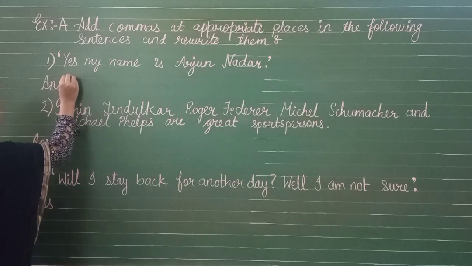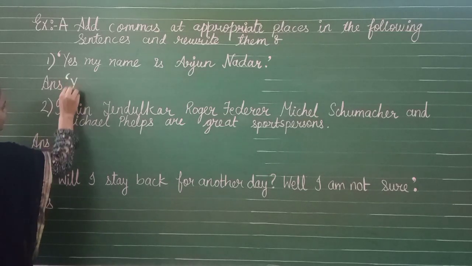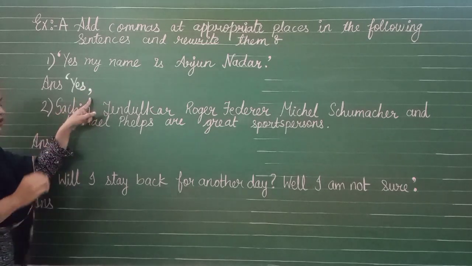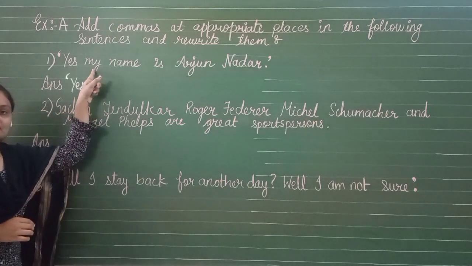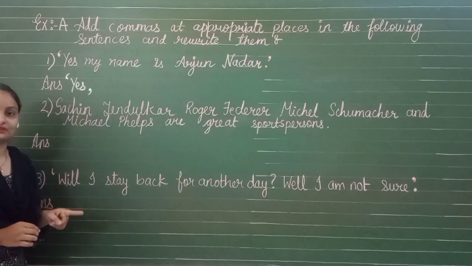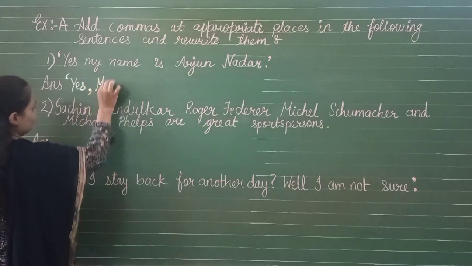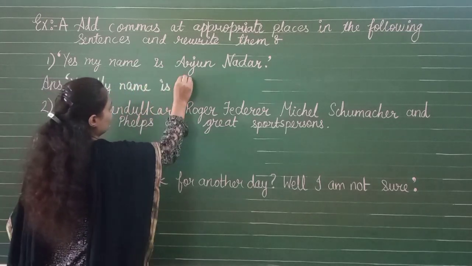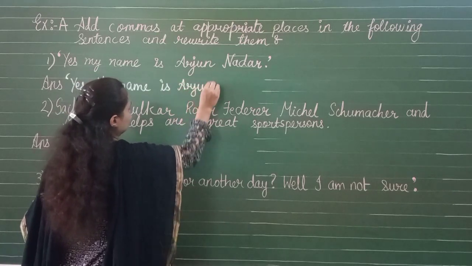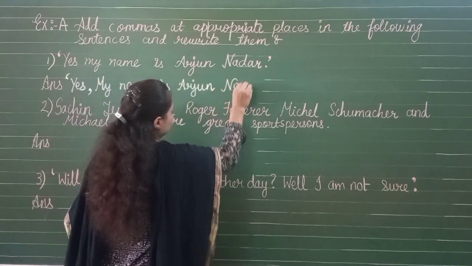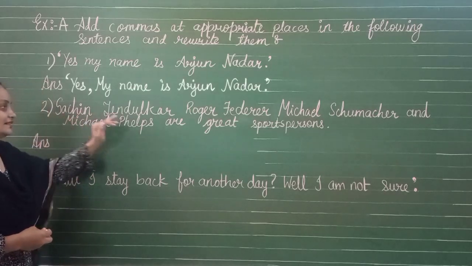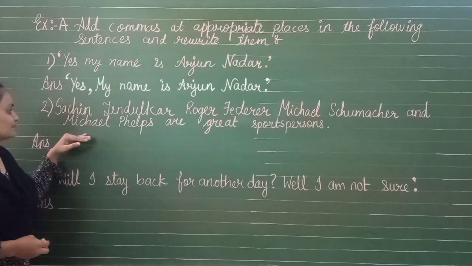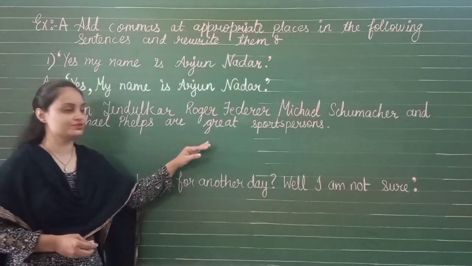So let's do first quotation mark as it is, then yes, Arjun, none. Second one, Sachin Tendulkar, Roger Federer, Michael Schumacher and Michael Phelps are great sports person.